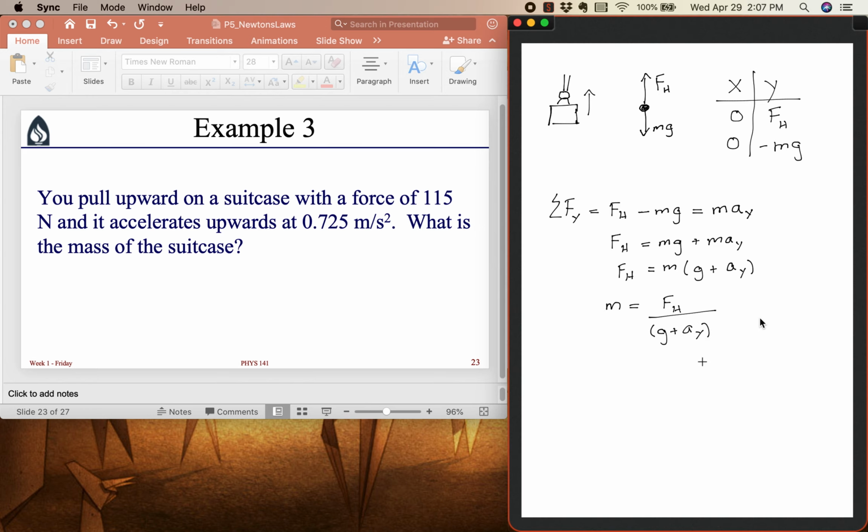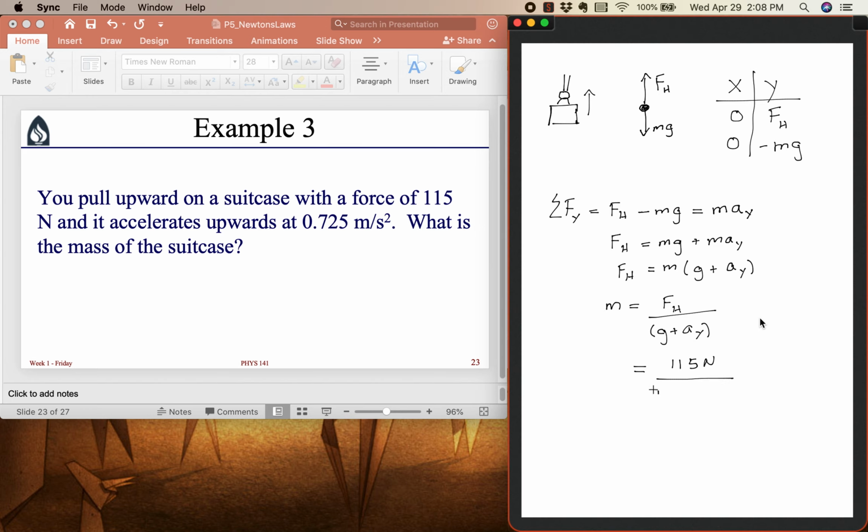So now that I have an expression that I've solved for the thing that I want to find, I can plug numbers in. So the force of the hand is 115 newtons.